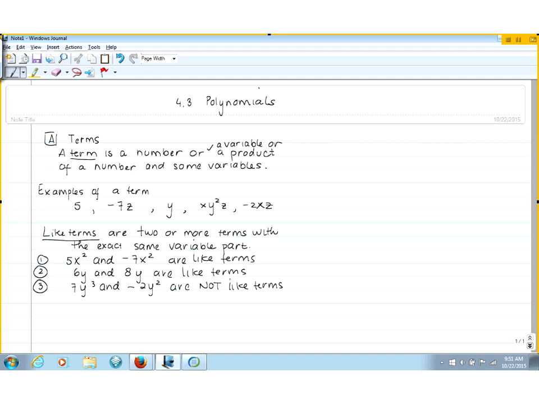Yes? Okay, so we know we can combine like terms, right? Yeah. So, for example, let's see. Add or subtract.